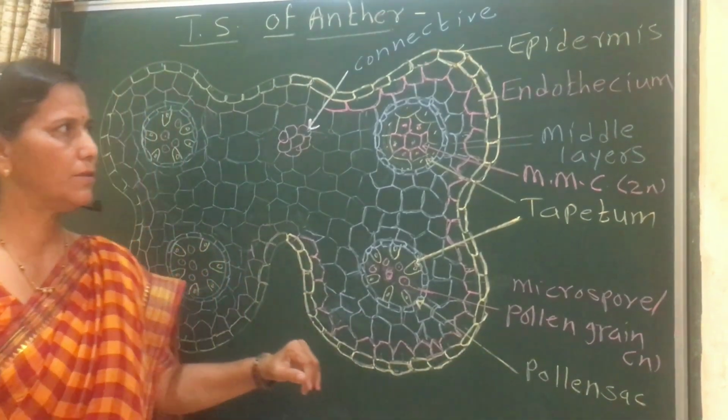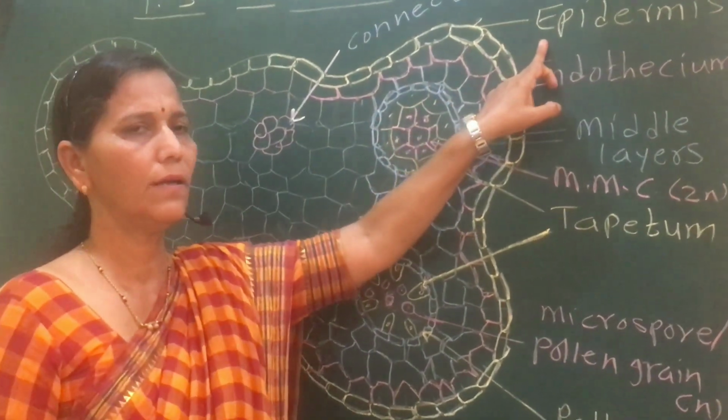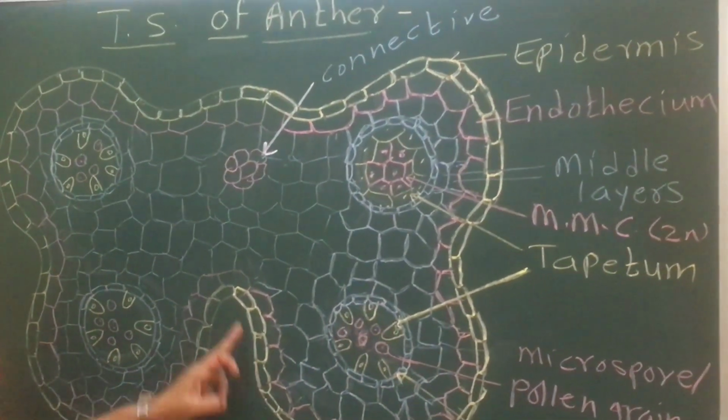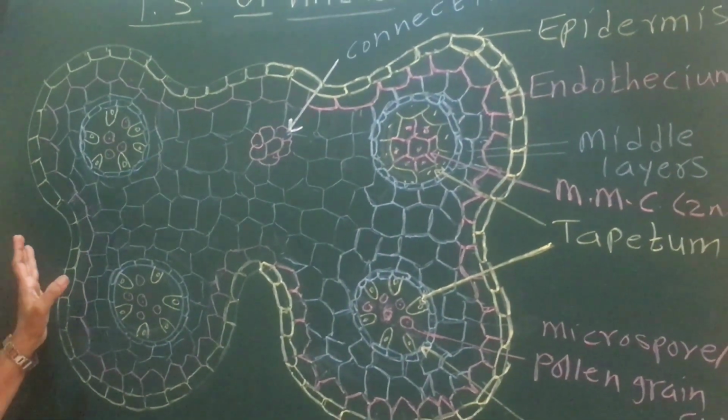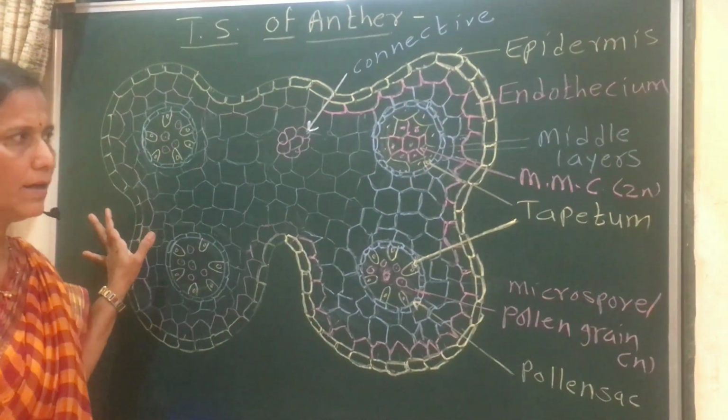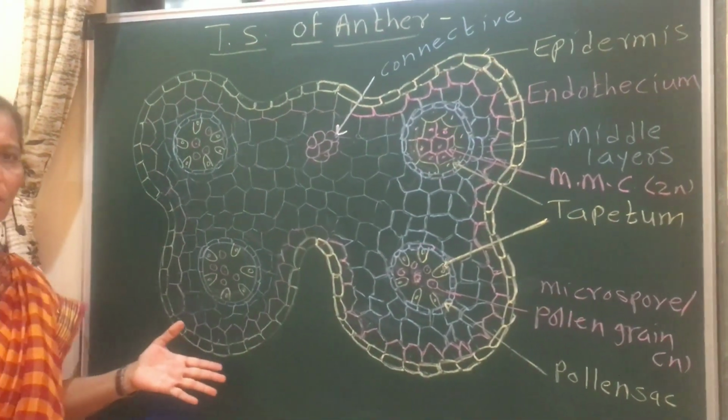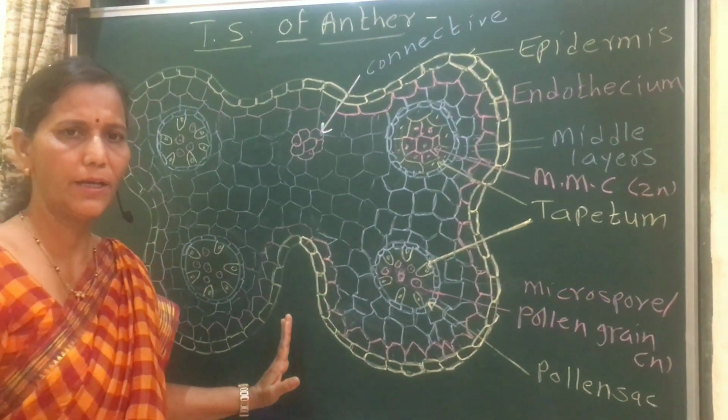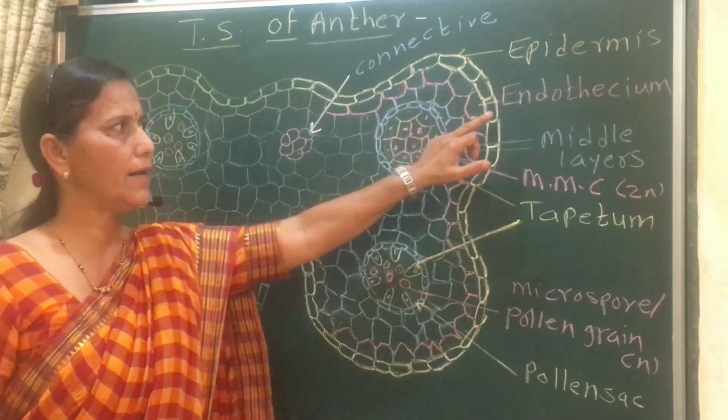Let's see the detailed structure. First, epidermis. It is the outermost covering of the anther. It is a single layer, and as it is the outermost layer, its function is protection. The second layer is endothecium.